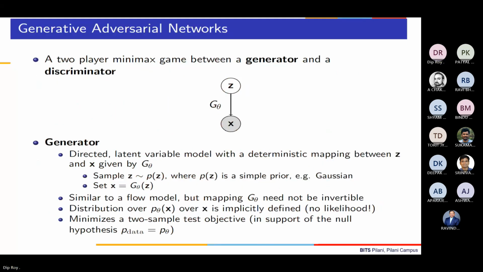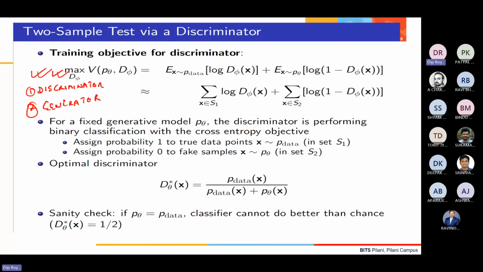Okay. So now this is my training objective for a discriminator. Even though this function has both the generator and the discriminator, for the time being I am considering the generator as fixed. Don't worry about the generator.